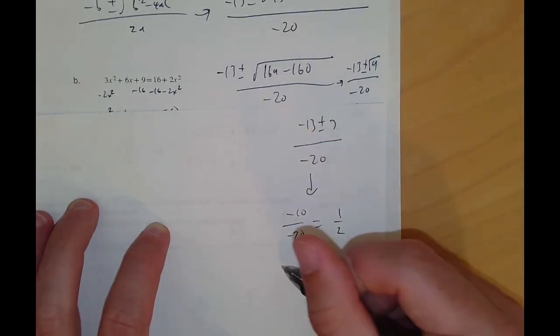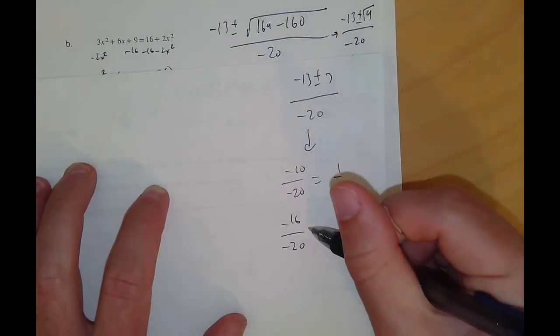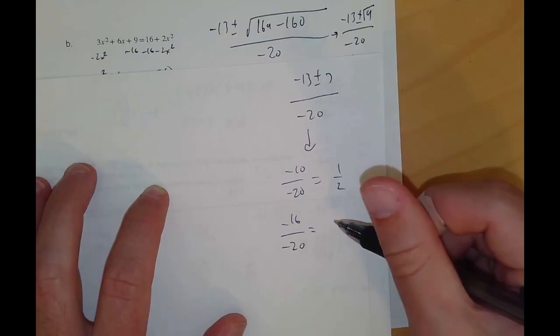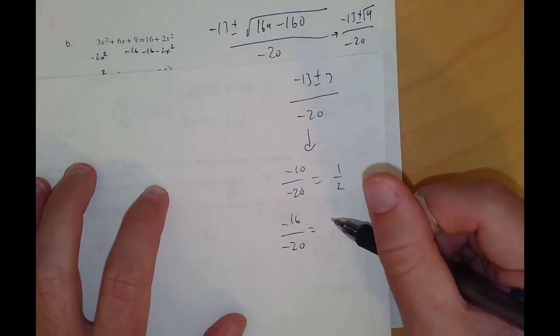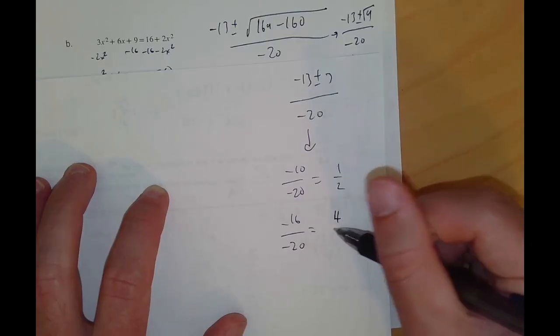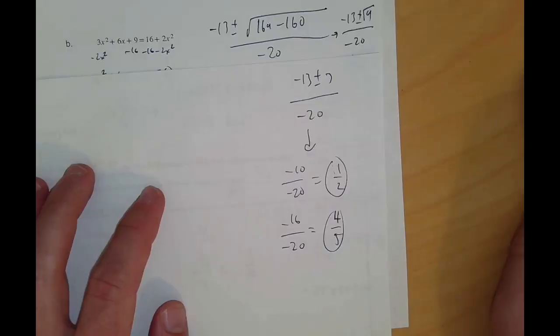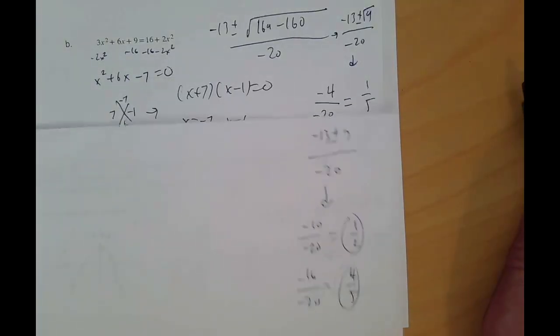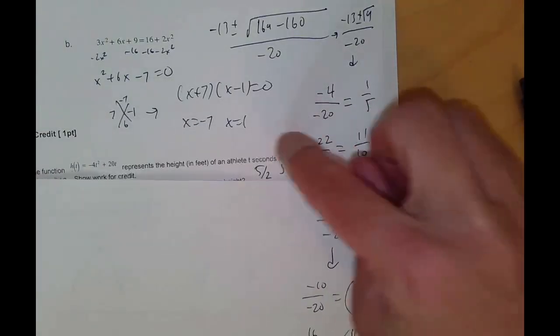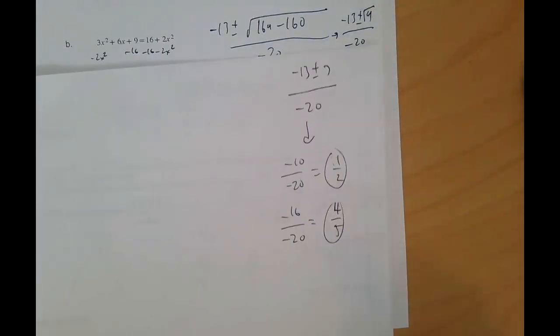And then it would be negative 16 over negative 20, which is 4/5. These are the solutions. Okay. So ignore this in the video. Ignore that. These are the solutions.